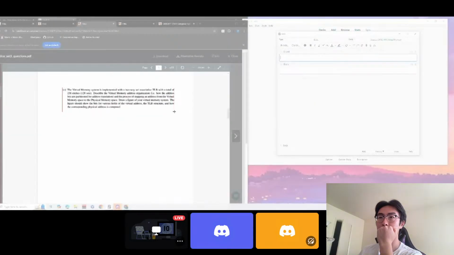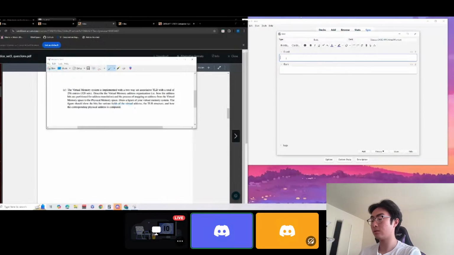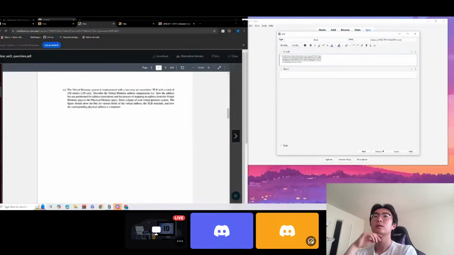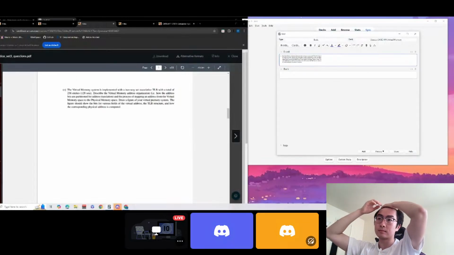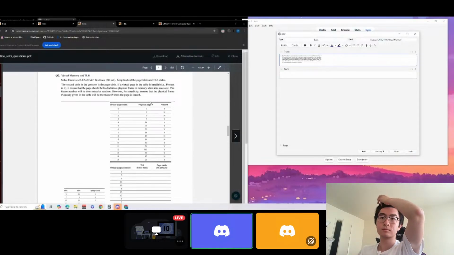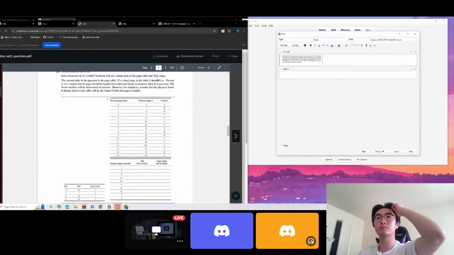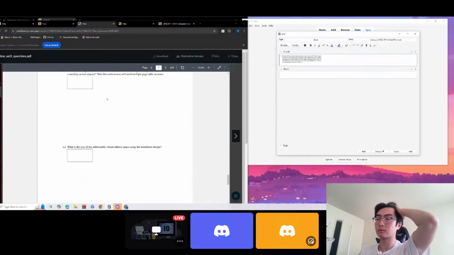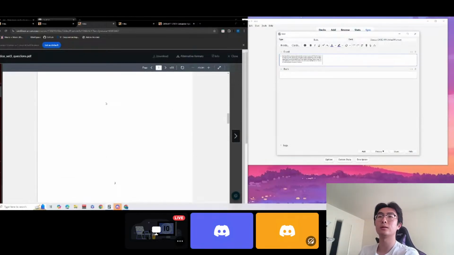So the virtual memory system is implemented with a 2-way set associative TLB with a total. Okay, I don't know what a TLB is, to be honest. Okay, so what is a TLB?